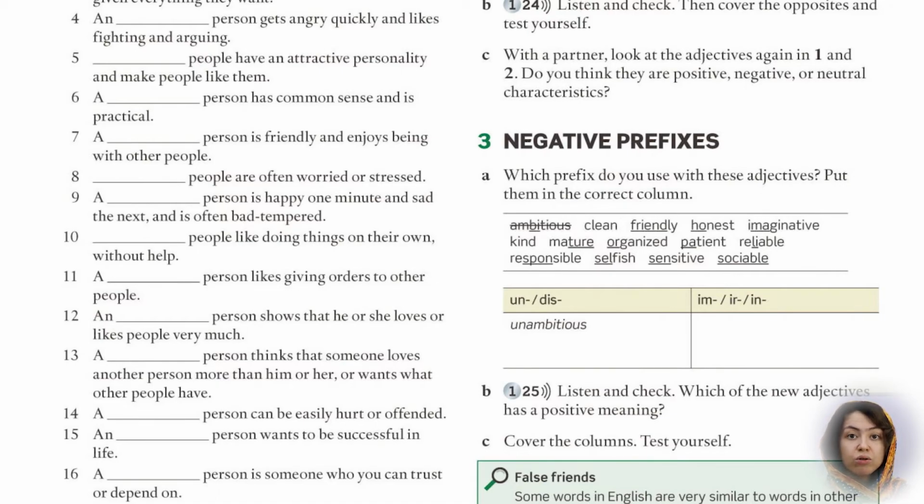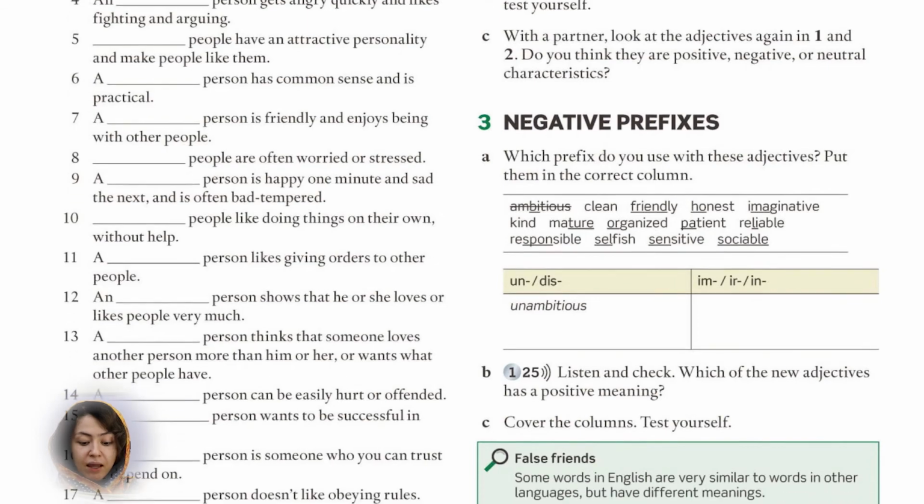Unselfish, a person who doesn't only consider himself or herself, tries to think about others. Sensitive, we said delicate. And insensitive, a person who says that your feelings are not important to me. So that person is insensitive. Sociable and unsociable. So that's the end of this part's vocabulary.